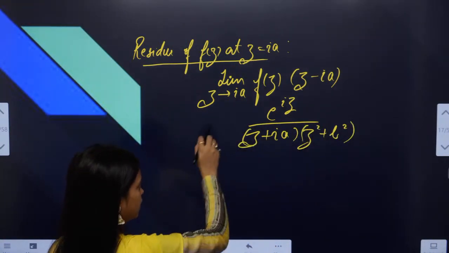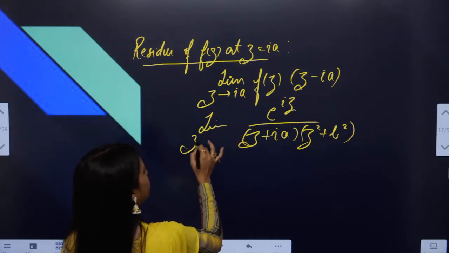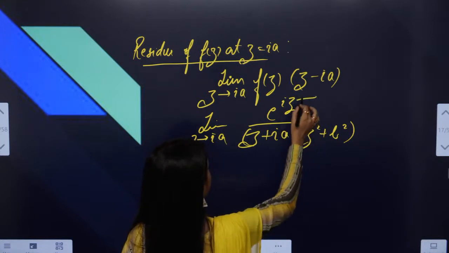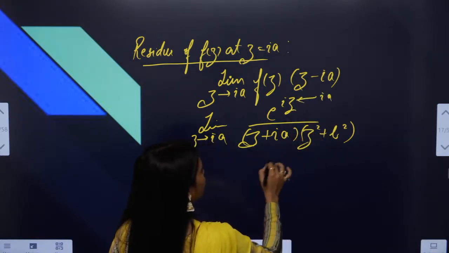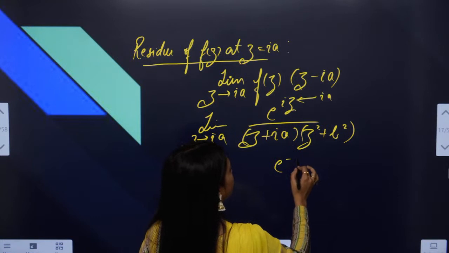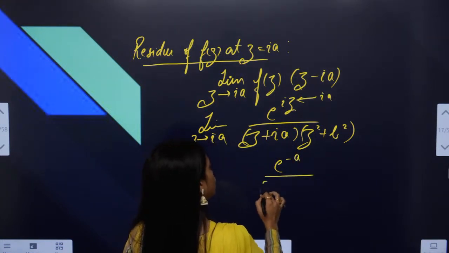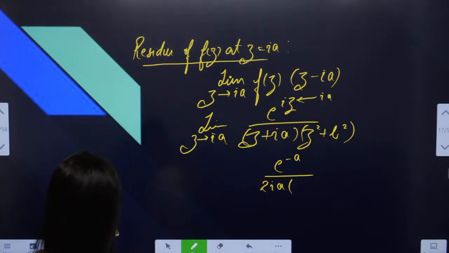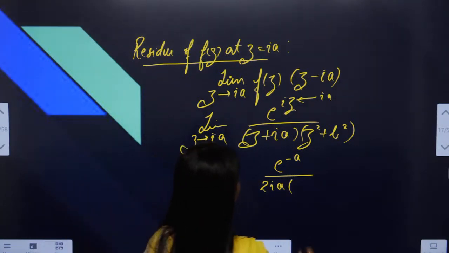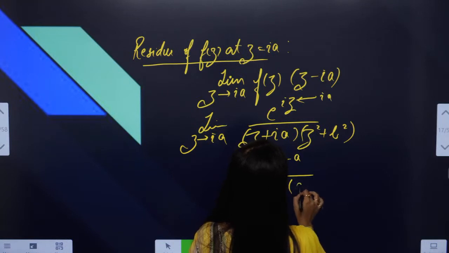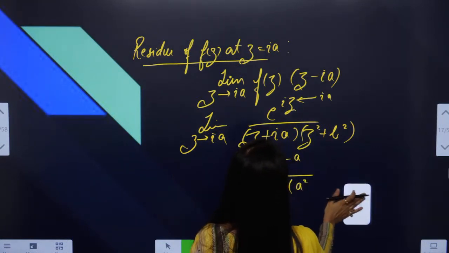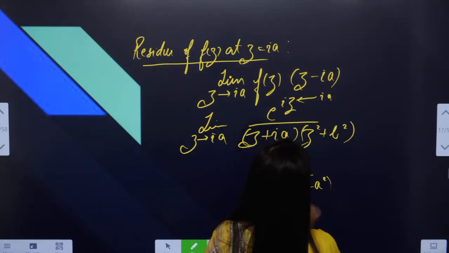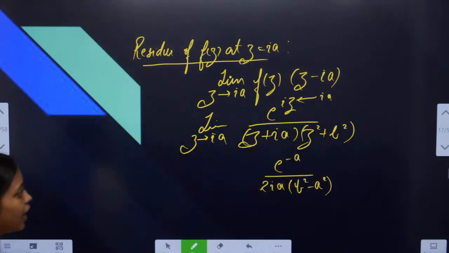And apply the limit, this is iota a, so it becomes e raised to the power minus a upon 2 iota a, upon a square minus b square, that is b square minus a square. I have just applied the limit directly.